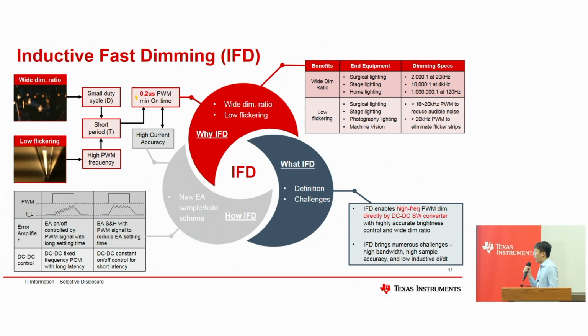Imagine you are streaming and someone is using an iPhone or a high-speed 4K camera to shoot the photography lighting behind you for the light compositions. You definitely don't want flickering light bars or watermark-like artifacts to appear in the pictures. That is our main target to resolve with this new IFD technology.